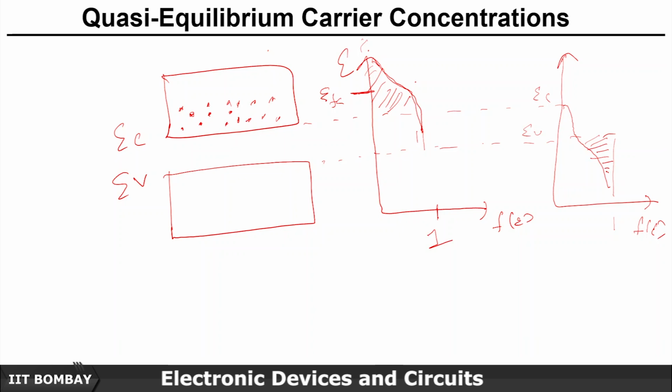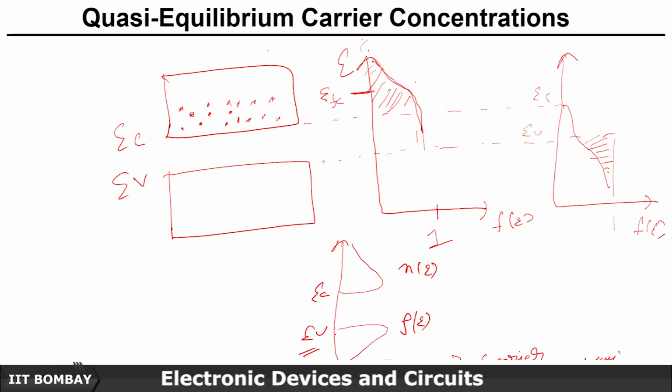Okay, and if I draw the concentrations, carrier concentration on the x-axis, this will look something like this. So they don't need to be the same. As you can see, EC, EV.